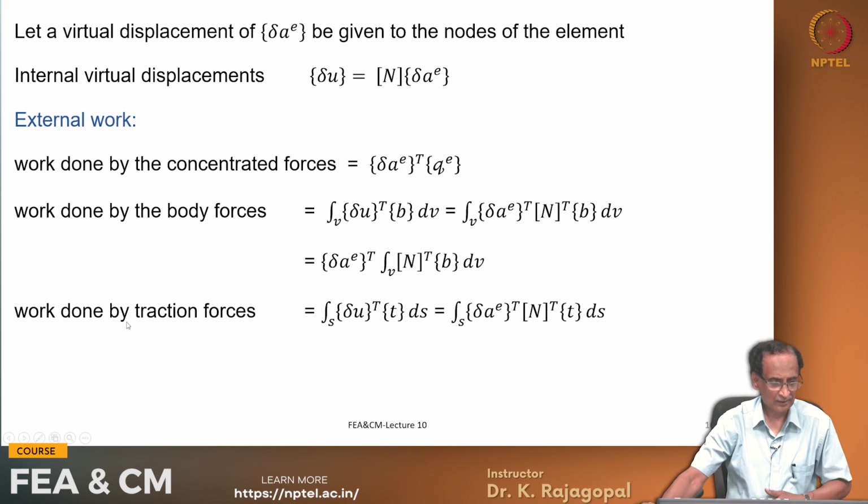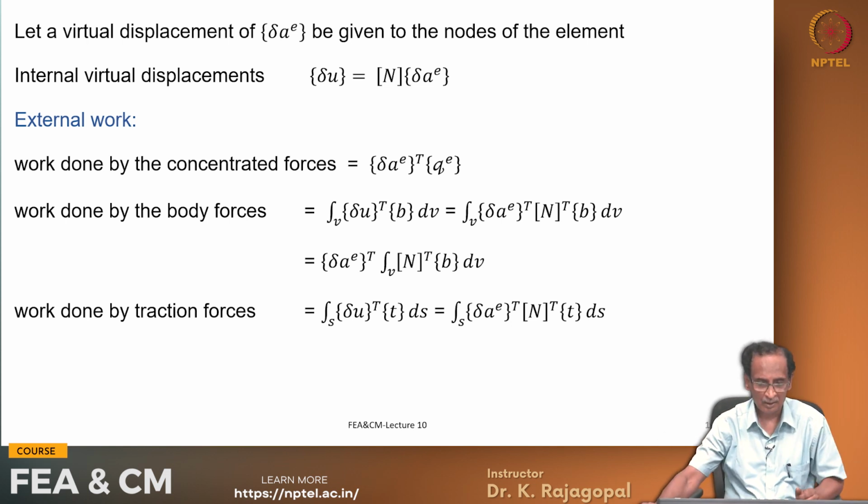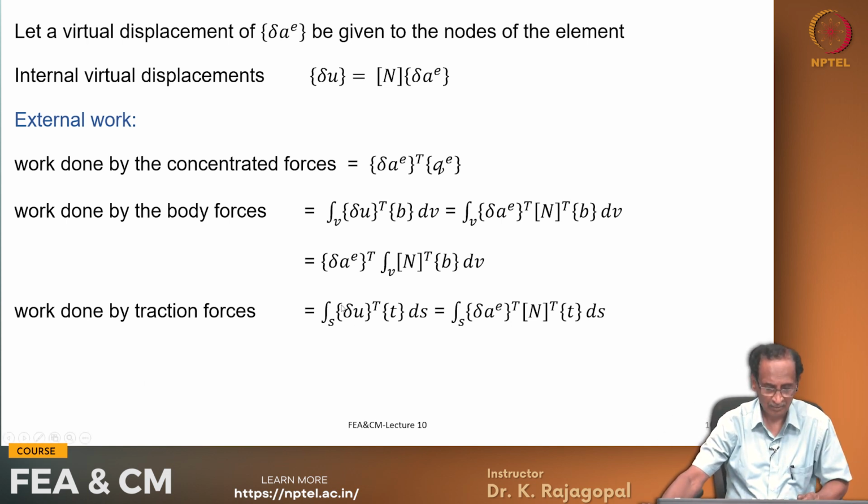and similarly the work done by the traction forces, these are acting on the surface of the element. So, we need to take an integral over the surface of the element, delta U transpose T, and once again delta U is N times delta AE.